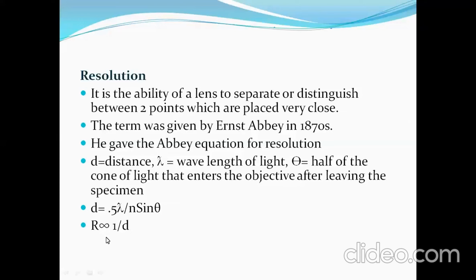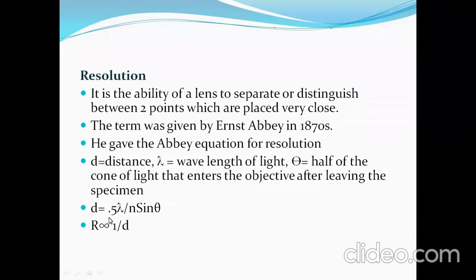And I have already mentioned, if the D becomes smaller, the R will be increased. So obviously R, that is resolution of a microscope, is inversely proportional to the D. Okay, so you can see that D is directly proportional to lambda. So obviously with R it is inversely proportional.